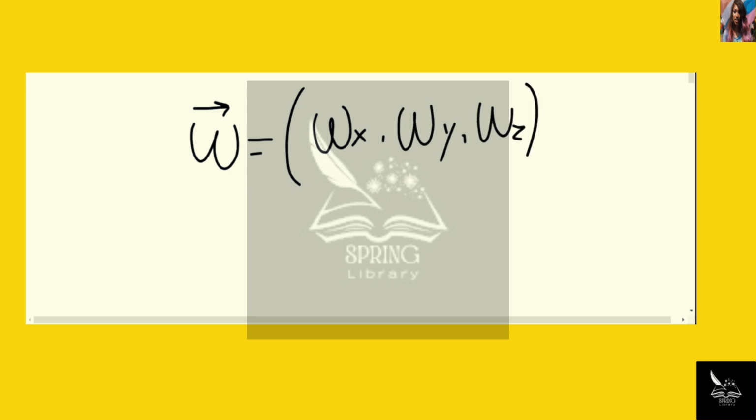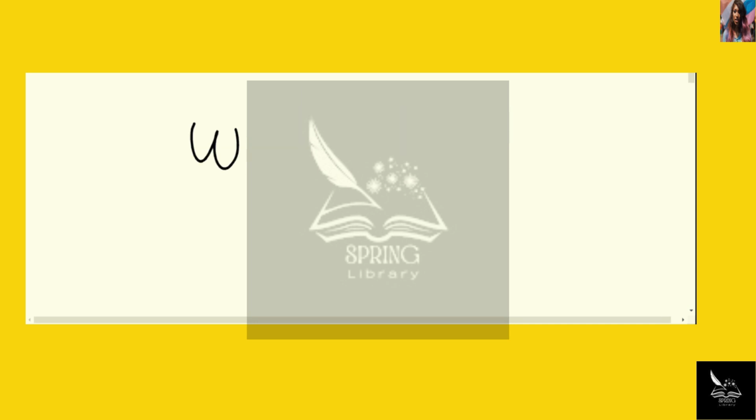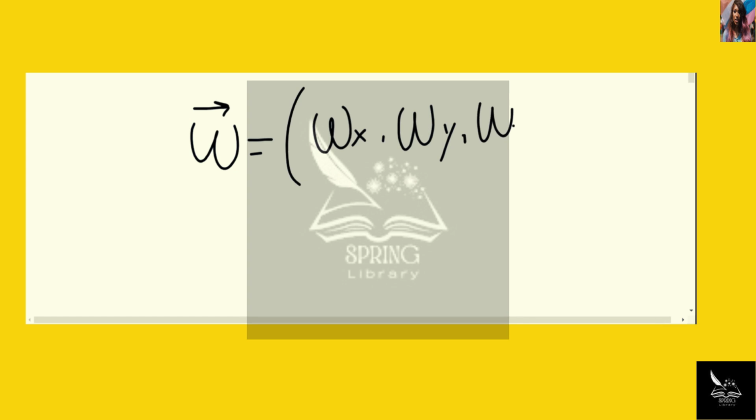But anyway, for that reason, we better use the formulas from the formal definitions you will see later. So let's assume that the common angular velocity for the gears A and B is omega vector, which is omega x, omega y, omega z.